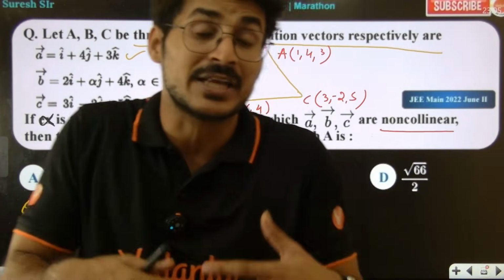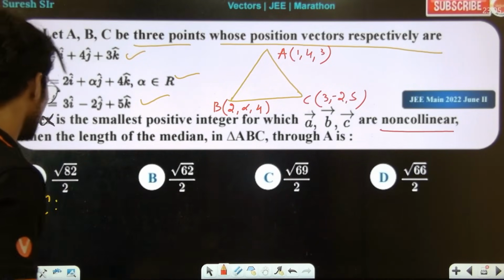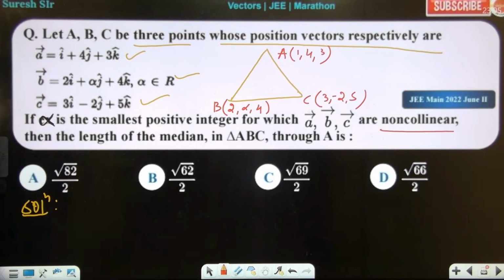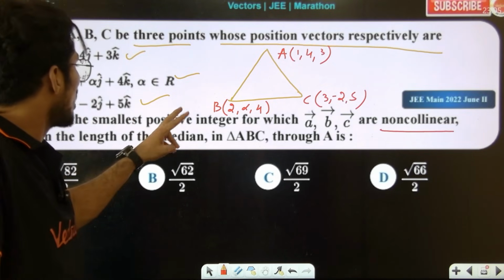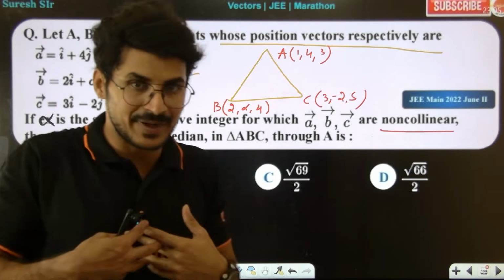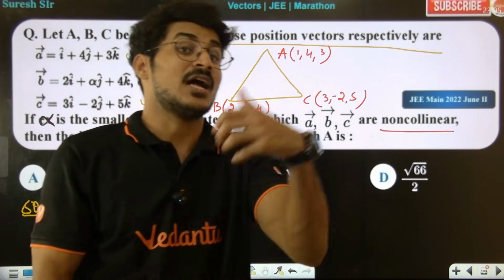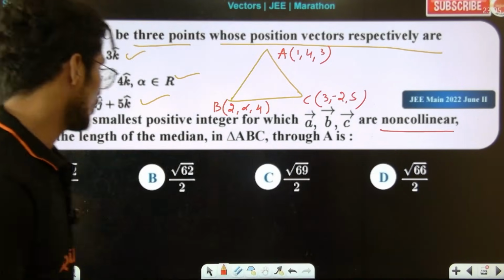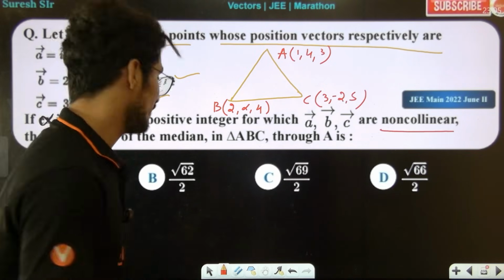For collinearity, the area of the triangle should be 0. Are you getting the point or not? Alpha is the smallest positive integer for which these three are non-collinear. First let me take the collinearity condition, then find the alpha value, and from that we can find the non-collinearity. First we will take collinear.